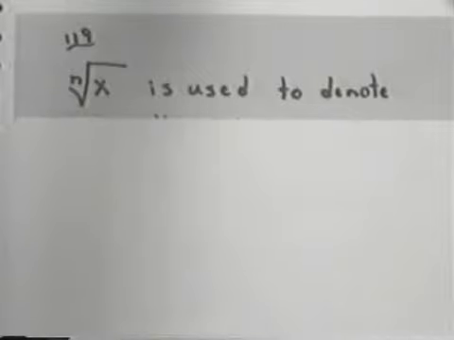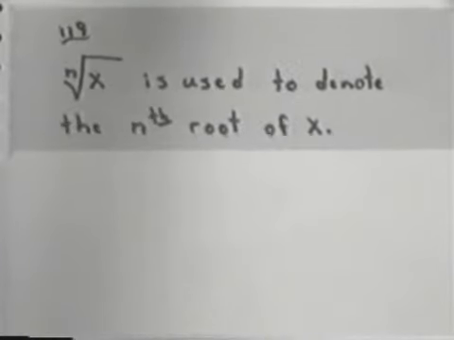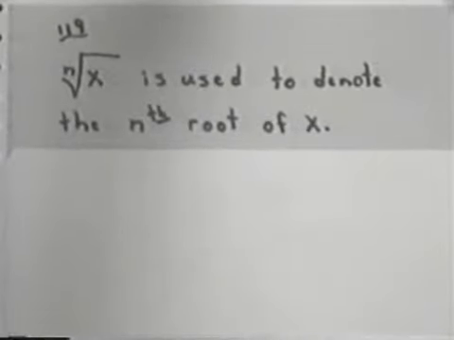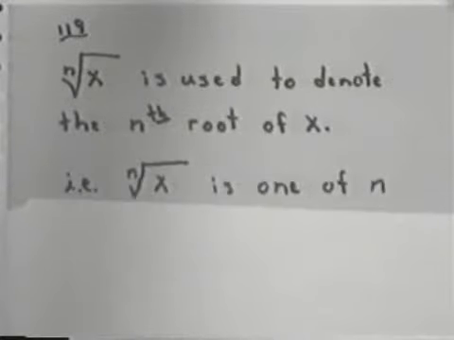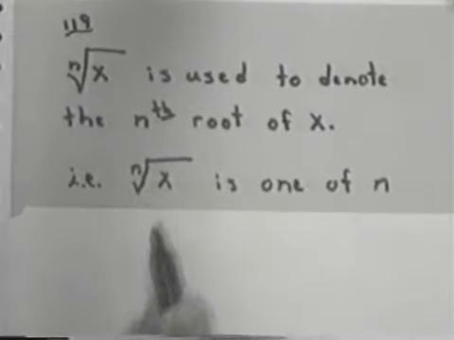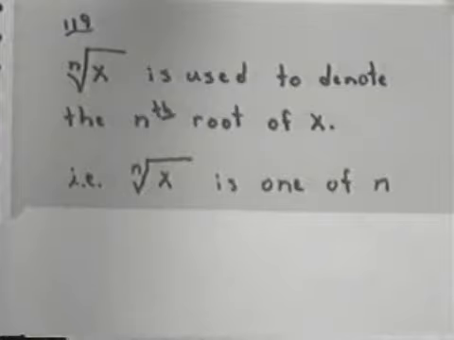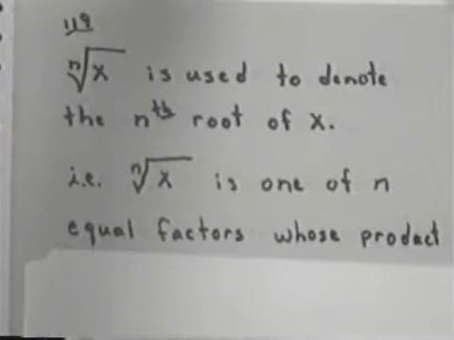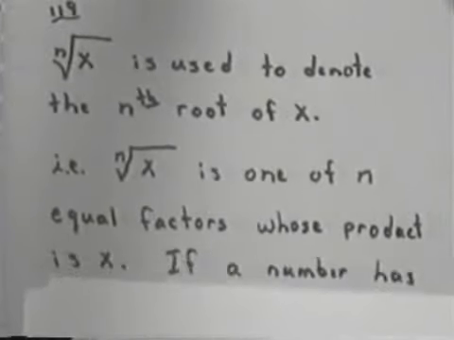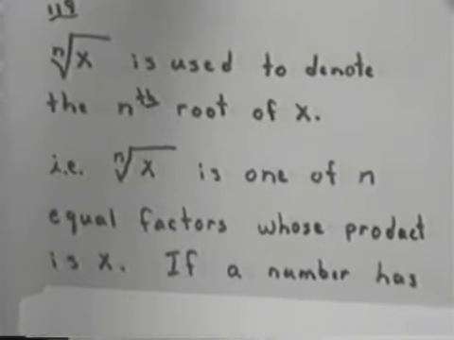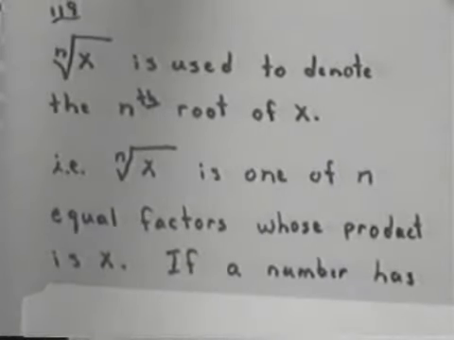The nth root of x is used to denote the nth root of x. In other words, the nth root of x is one of n equal factors whose product is x.